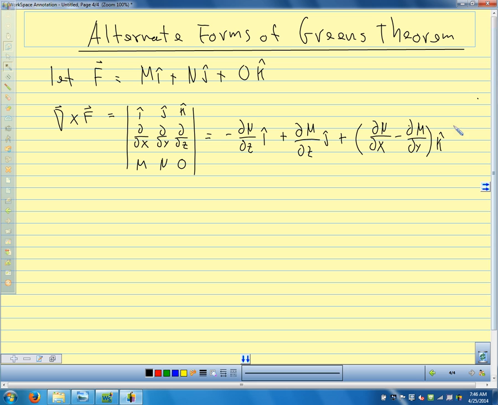times k hat. Does that last quantity look familiar? This is our integrand in Green's theorem.